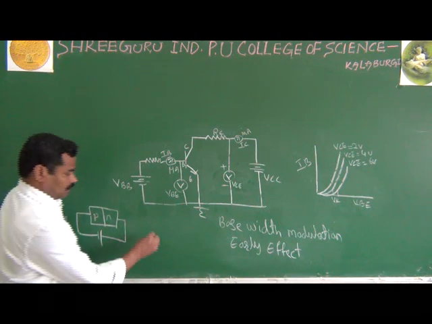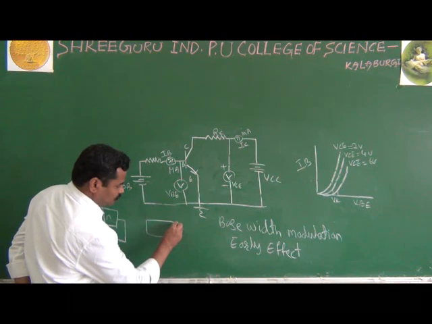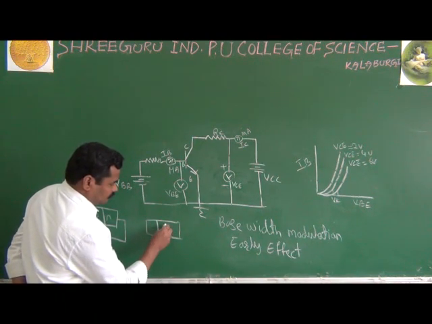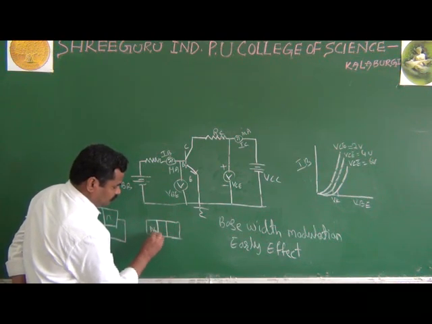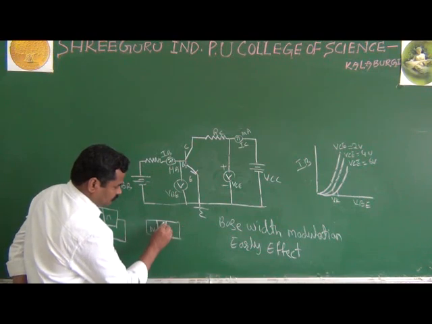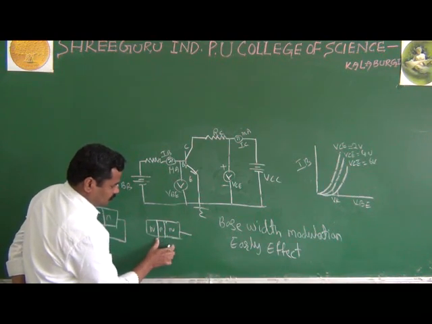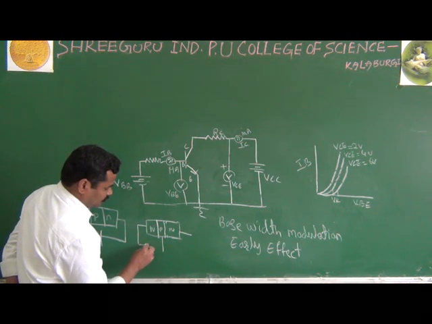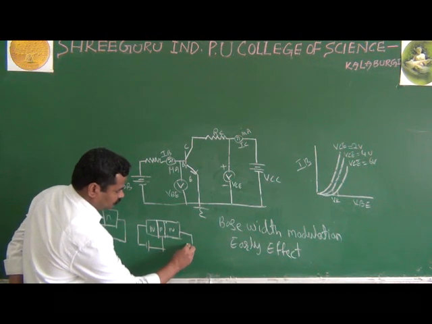Or you can say this is the block diagram of your transistor. Here we have the N, P and N regions. Here we are applying the forward bias, and here you are applying the reverse bias.